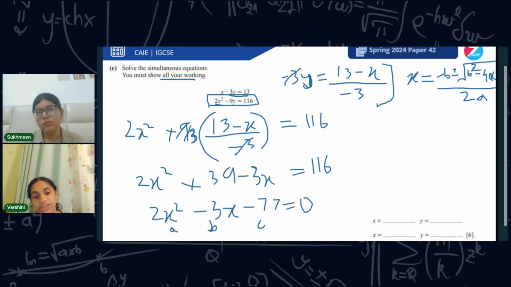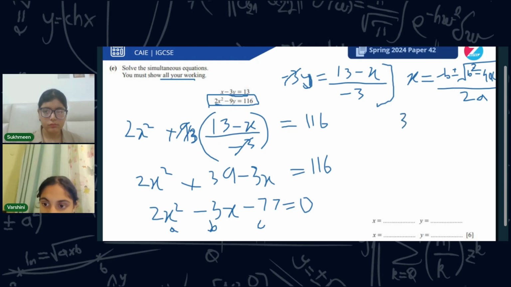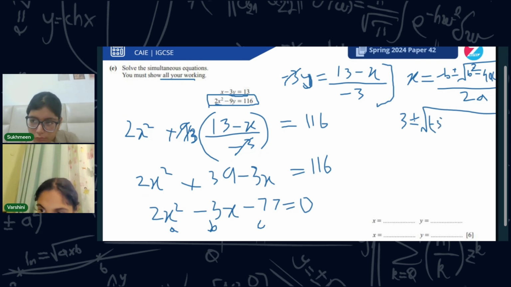So now we just have to substitute these values into here. So that's going to be minus 3 into minus 1, as we know minus 3 is b, so minus 3 is going to give us 3, plus or minus the root, which is going to be b squared, which we know is minus 3 squared, minus 4 into a.